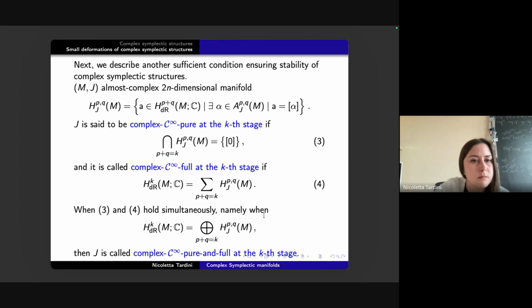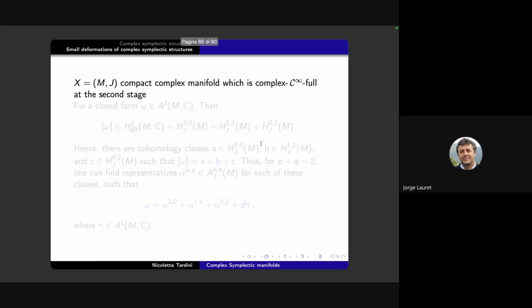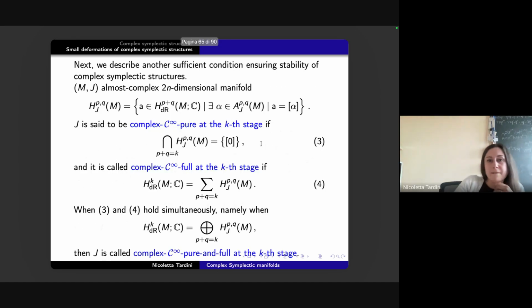No. But the definition in the K-th stage, yeah, it's this one. It's this, not just linearly independent. Yes, I think you get linearly independent probably. Maybe you have to prove this, but yeah. It's the whole intersection on P plus Q equal K. Okay, thanks.